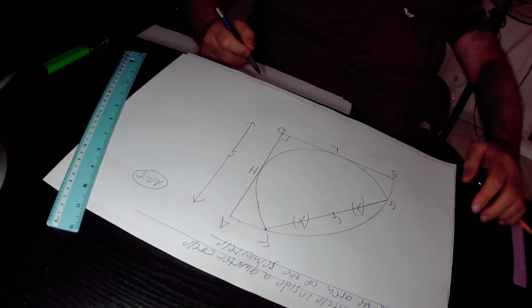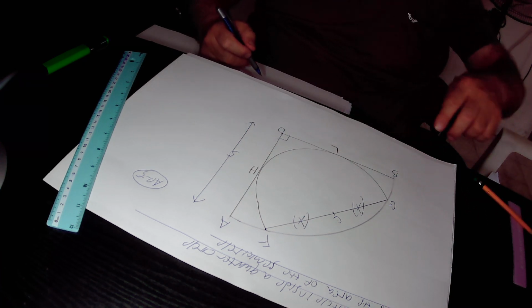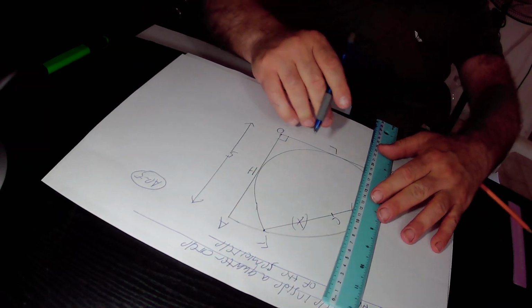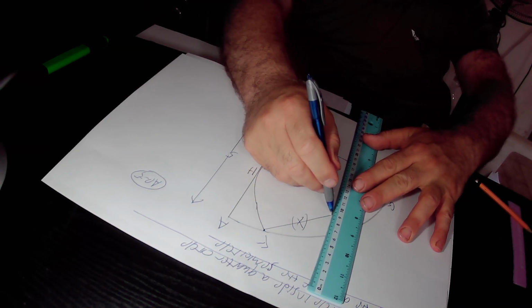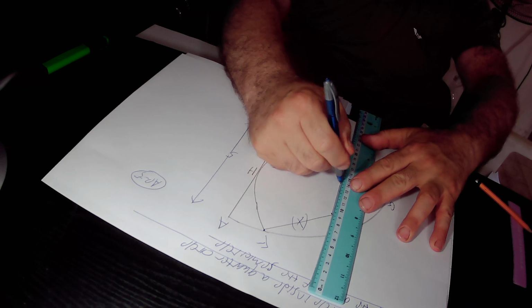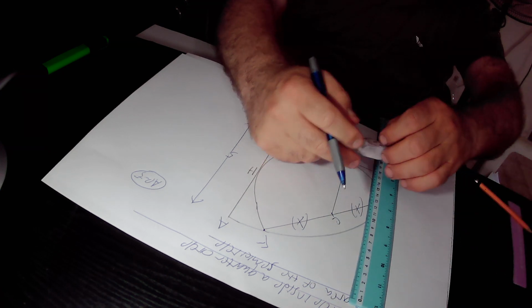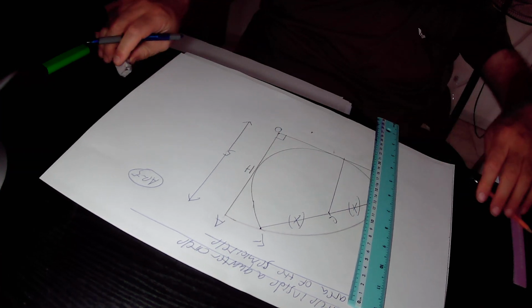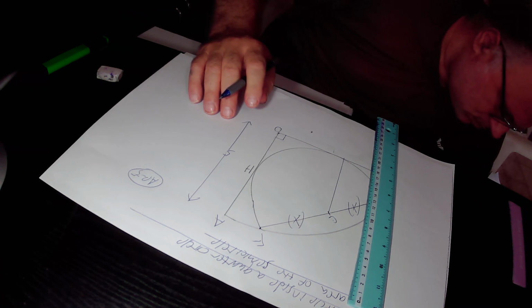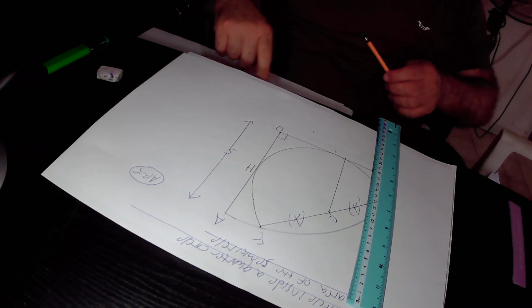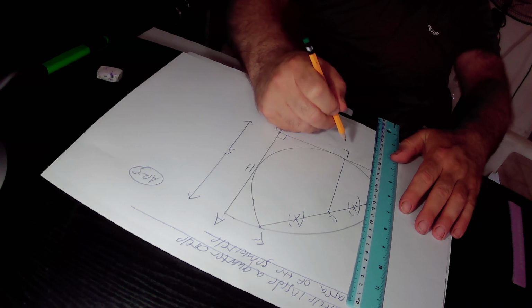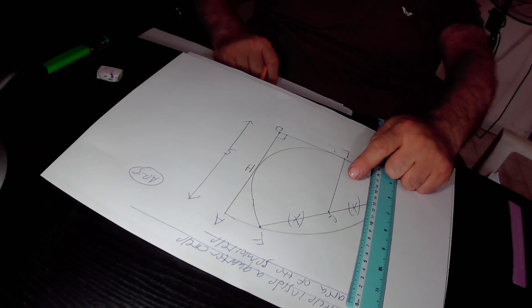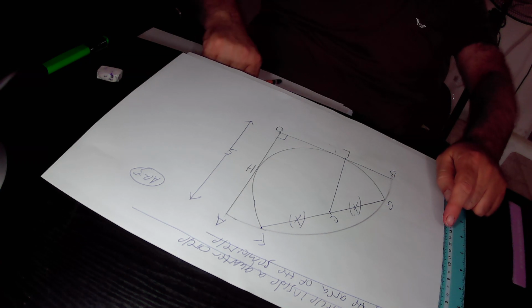In the next step, we will join point C and L together by a straight line. CL is the radius of this semicircle, that is equal to x.